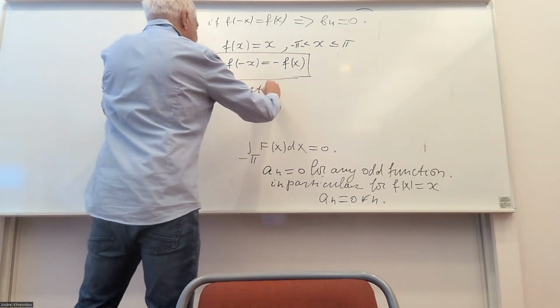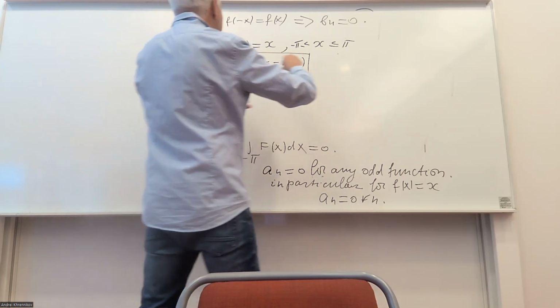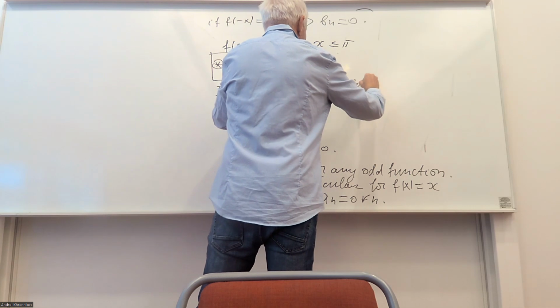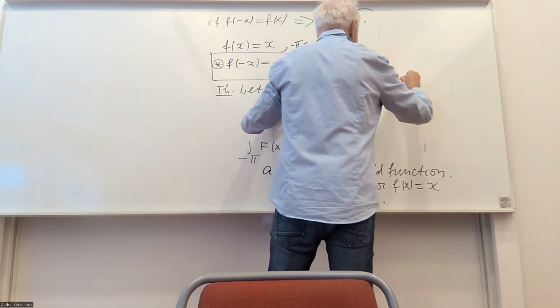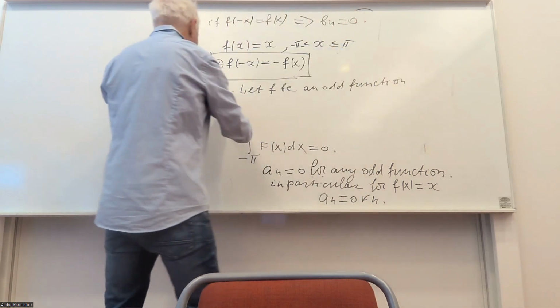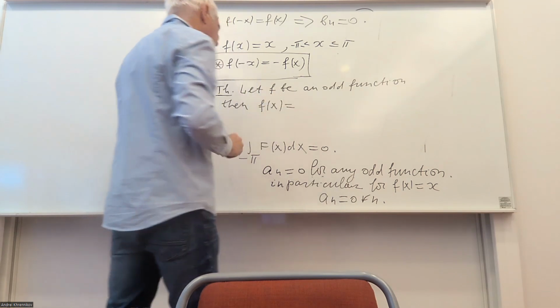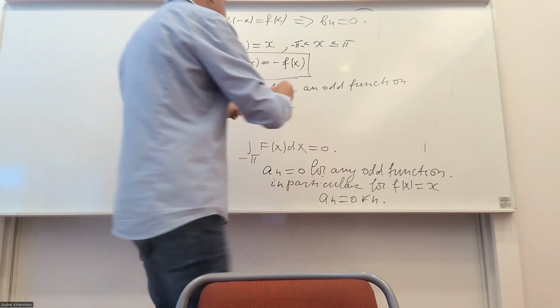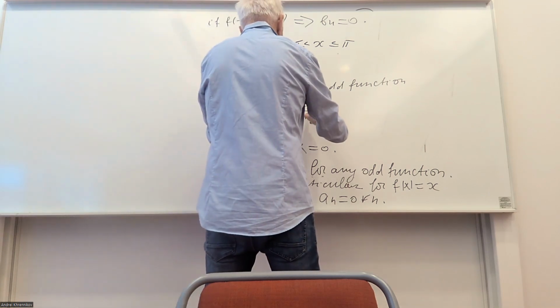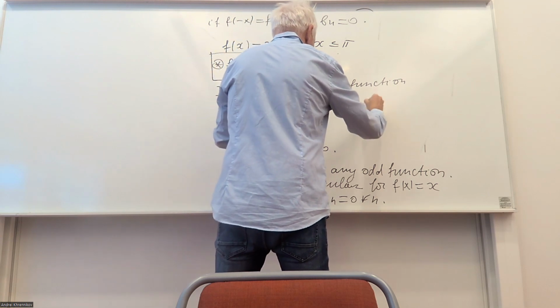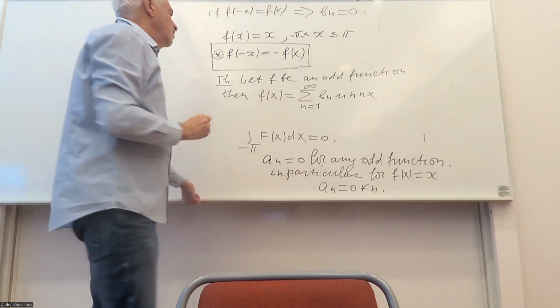Let f be an odd function, then its Fourier series has a0 equal to 0, just the sum over n from 1 to infinity of bn sinus nx, no cosinus.